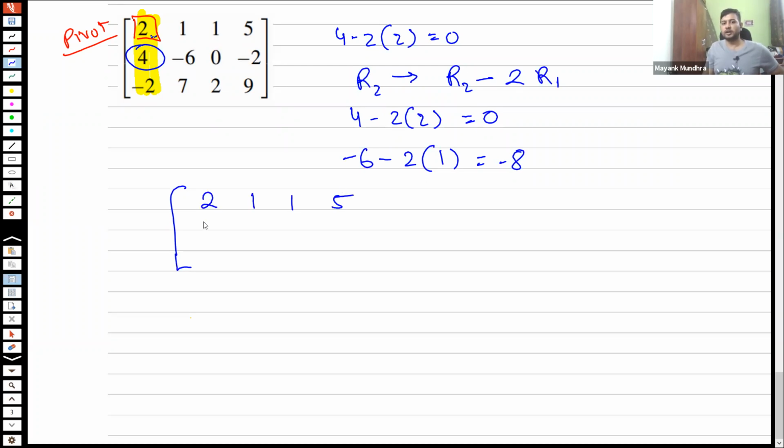The second row becomes 0, then minus 8. Then here you would have 0 minus 2 times 1, which is basically minus 2. And finally, minus 2 minus 2 times 5. So that is equal to minus 12.